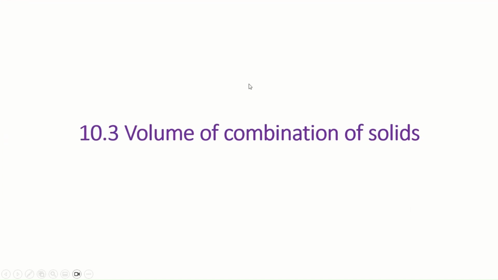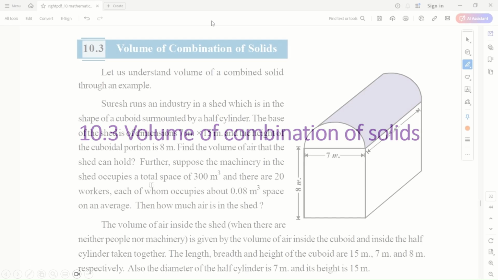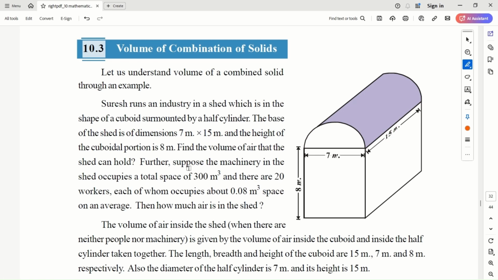Let's do volume of combination of solids. If you take two solids, multiple solids, and combine them, what will be the effect on volume? That's what we'll see. Last section we learned how to combine two different solids and what will happen to the total surface area.